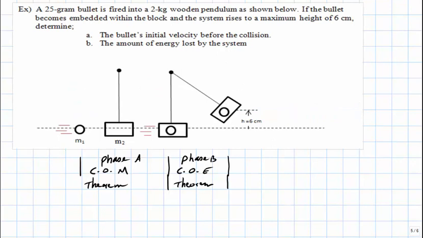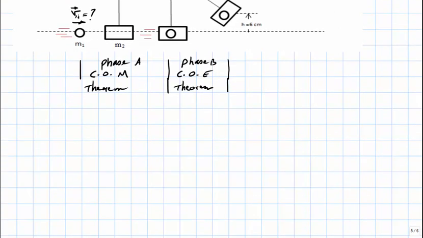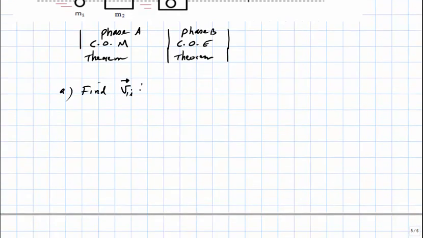We will now determine the bullet's initial velocity before the collision, which is represented as V1 initial within our diagram. Let's apply the conservation of momentum theorem.